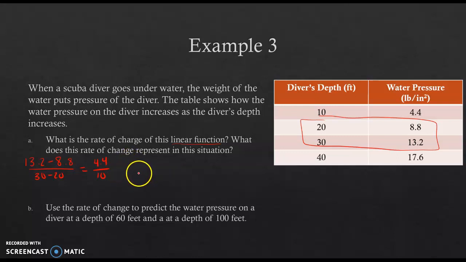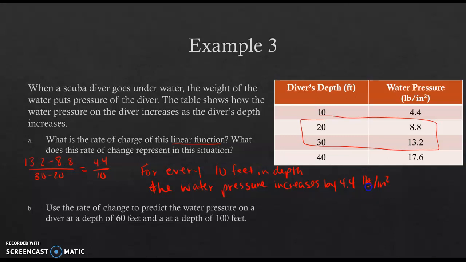And so what does this rate of change represent? For every 10 feet in depth, the water pressure increases by 4.4 pounds per square inch.